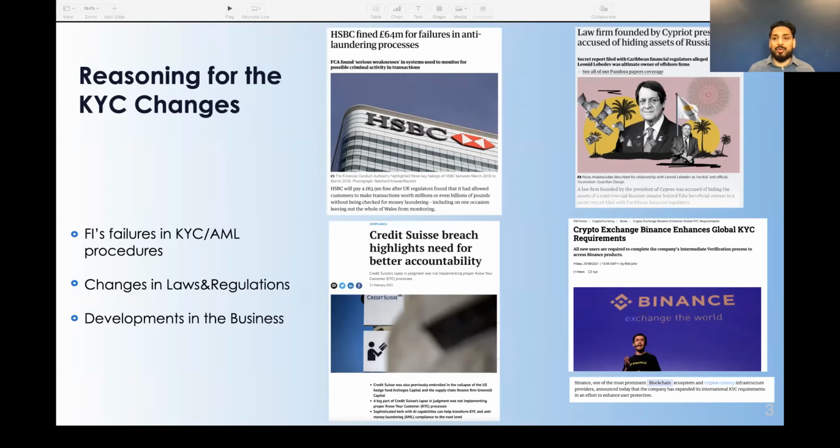So if you have a new type of business, the cryptocurrency, the blockchain technology, obviously it started off as not being regulated, and now it has to adhere to a lot of regulation in a lot of countries. The Netherlands is very strict on that.